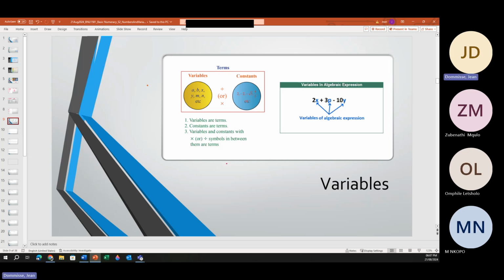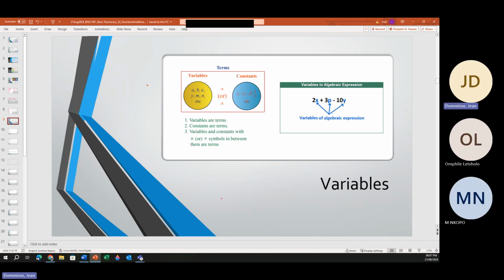Okay, then we go into what they call variables and expressions, formulas. Again, there are a few things that we need to know. They sometimes do ask theory in your assignments and exam, but it's like one or two questions.